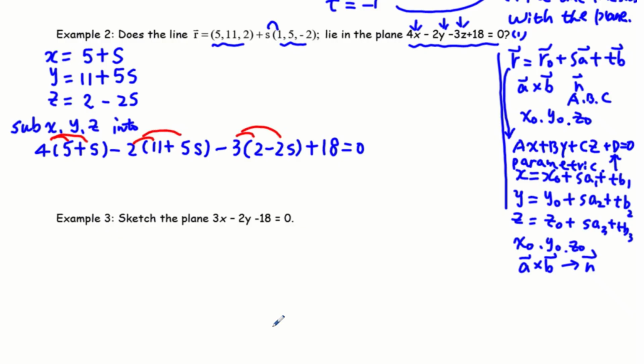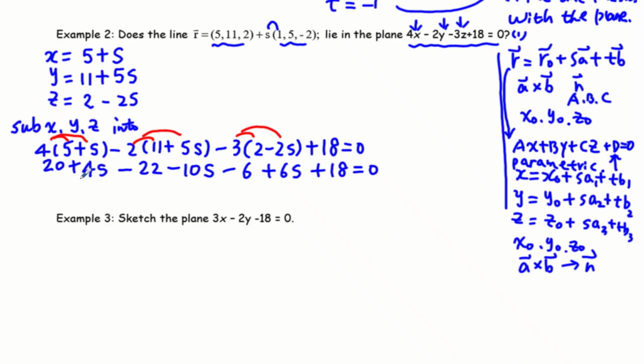So 4 times 5 is 20. 4 times s is 4s. Then minus 22 minus 10s. Minus 6 plus 6s. Then plus 18 equals 0.